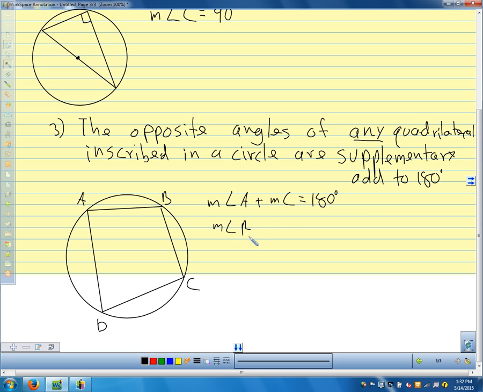And the measure of angle B plus the measure of angle D equals 180. Doesn't matter what the quadrilateral is. I can inscribe any quadrilateral in my circle. All right, we good there?